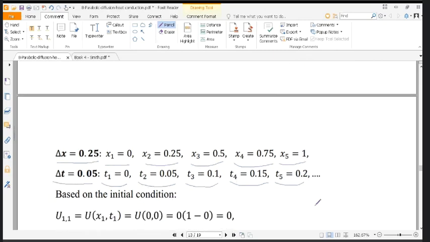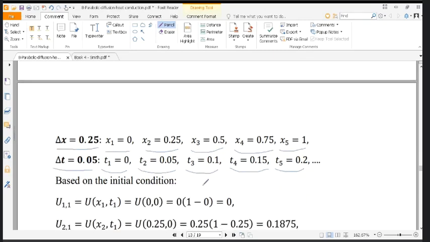Based on the initial condition, we have u1 and 1, meaning u at x1 and t1. x1 is 0 and t1 again is 0. When we use the initial condition, the value of u is computed from x times 1 minus x.